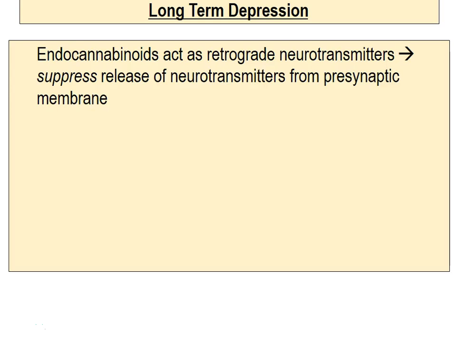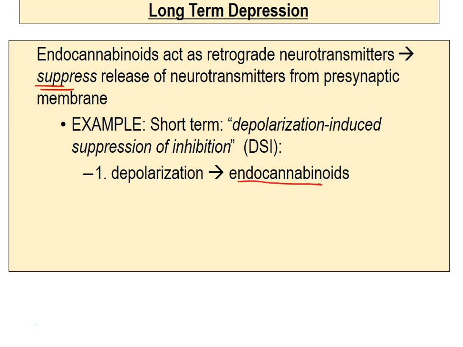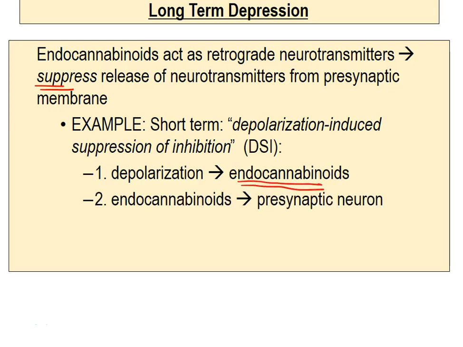Just as an example of long-term depression, endocannabinoids have been found to be involved in long-term depression by acting as retrograde neurotransmitters. And remember that retrograde neurotransmitters are going to suppress the release of a neurotransmitter from the presynaptic neurons. So this example is about depolarization-induced suppression of inhibition, which is kind of a mouthful, but depolarization of a neuron is going to cause endocannabinoids to form, and then the endocannabinoids diffuse into the synaptic cleft.